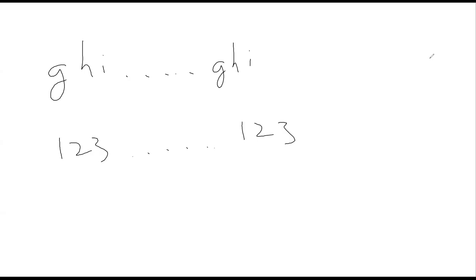Okay. So there are two ways. We are reading from left to right, and then we are reading from right to left. Now here we have 1 as the first one, and there we have 3, right?